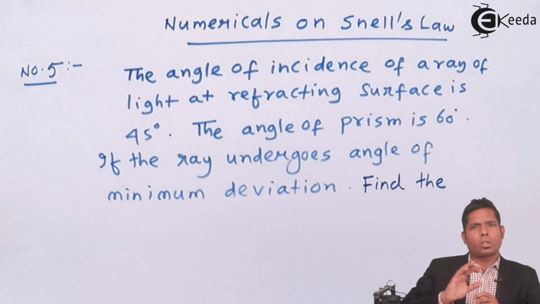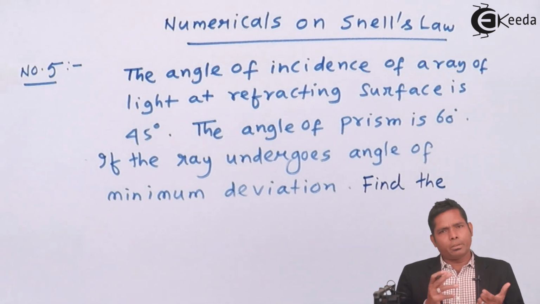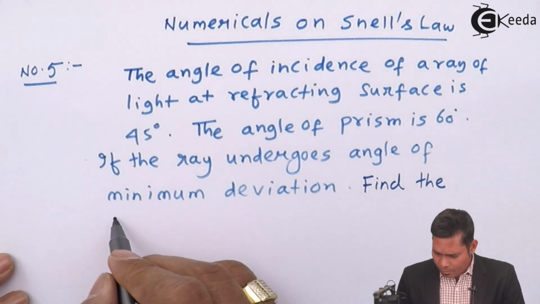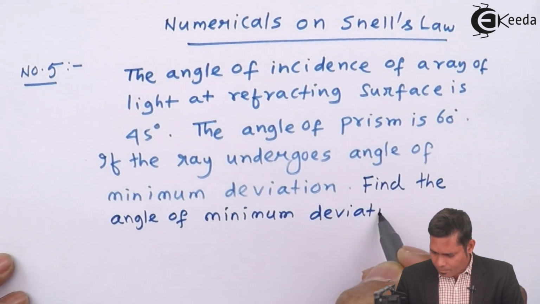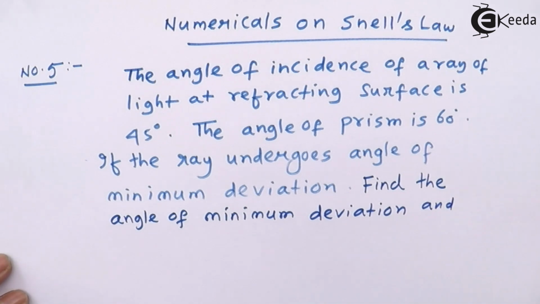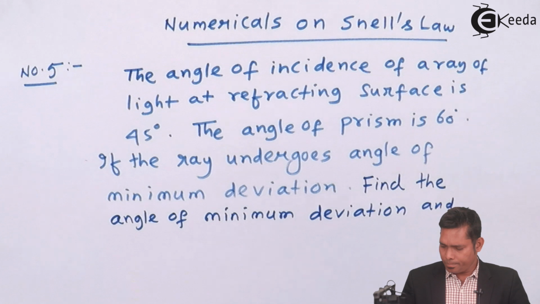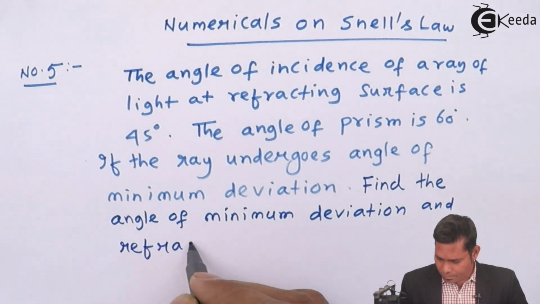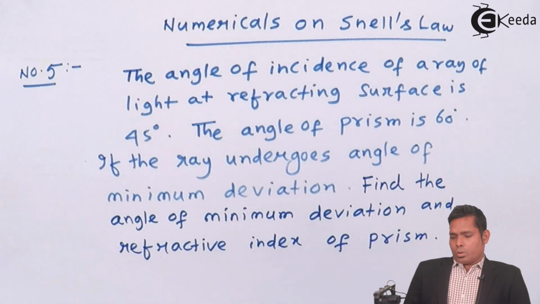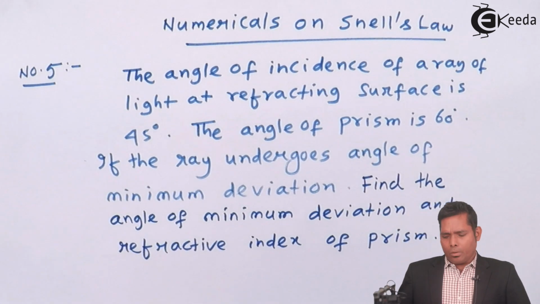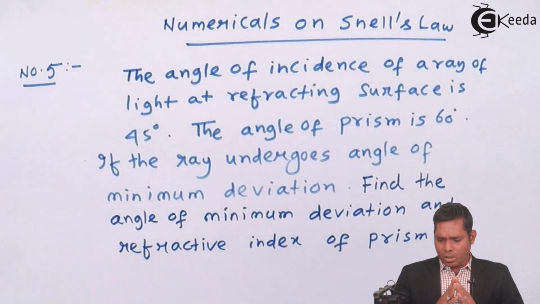So the ray is also undergoing angle of minimum deviation, and you have to find that angle of minimum deviation and the refractive index of the prism. So the question is very simple. We have a prism whose angle of prism is 60 degree.